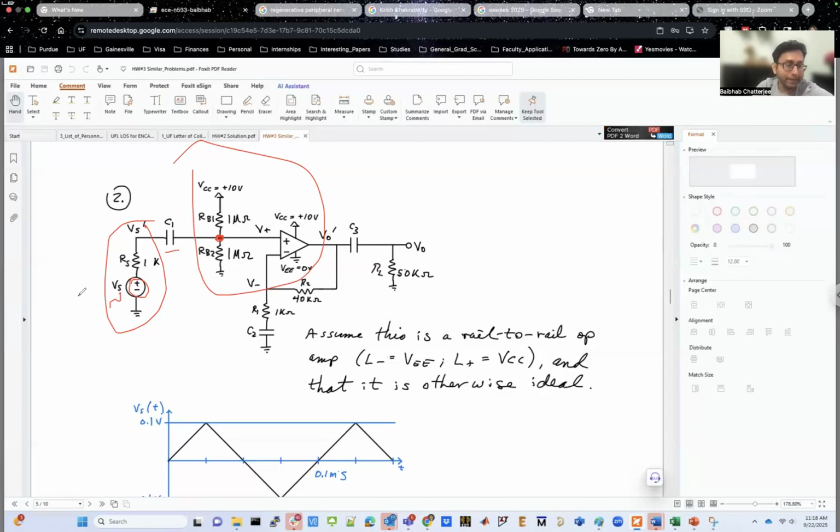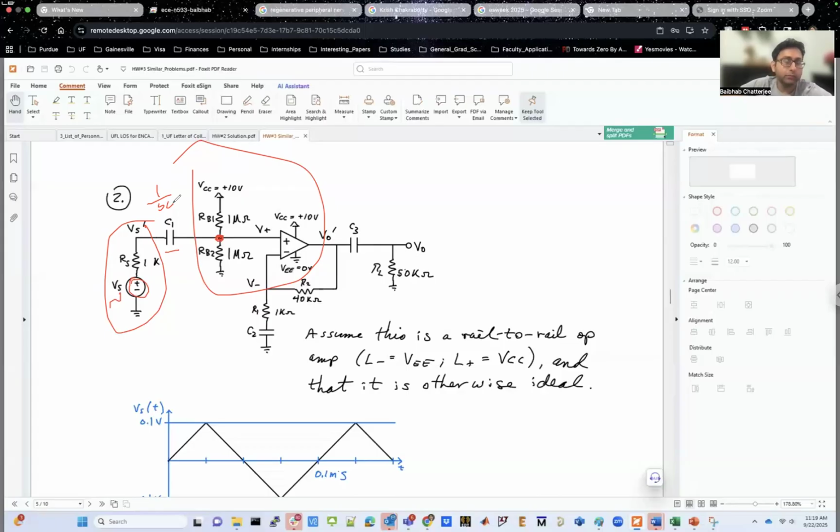But it couples the AC because, again, you know that the impedance of the capacitor is 1 upon SC. So if the frequency is sufficiently large so that 1 upon SC is sufficiently small, you can assume your capacitor's impedance to be a short.